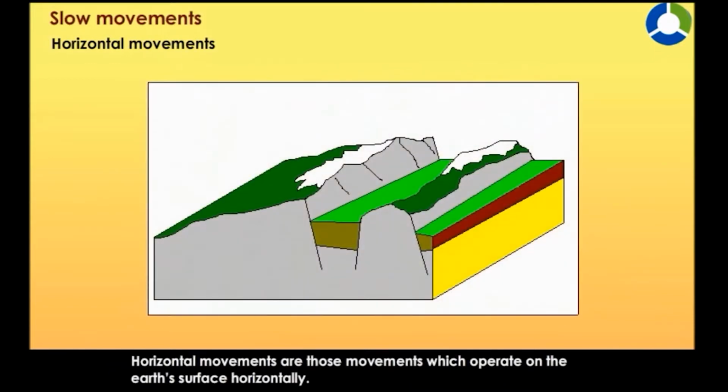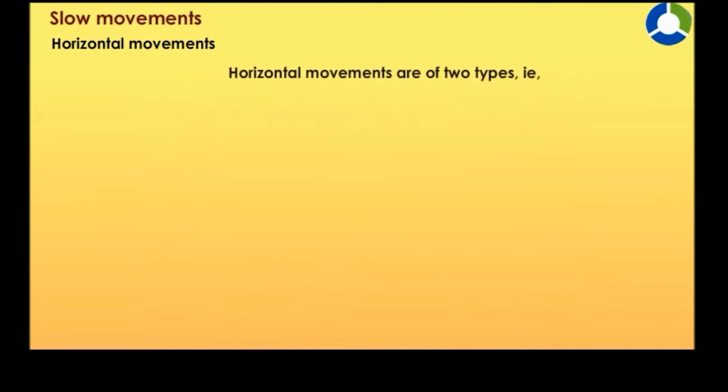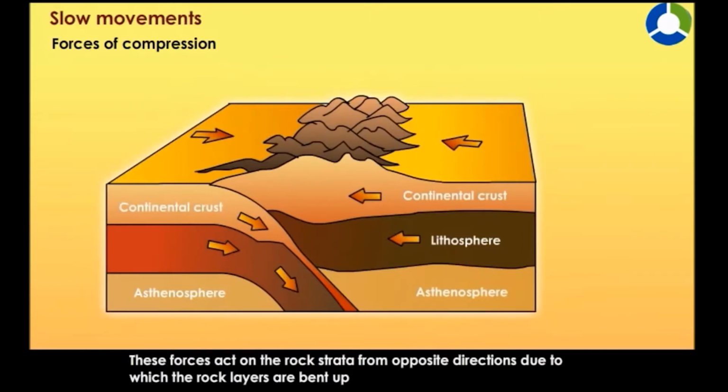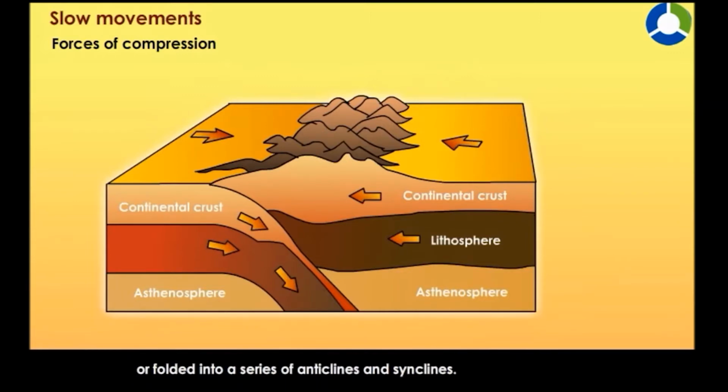Horizontal movements are those movements which operate on the Earth's surface horizontally. Horizontal movements are of two types, that is, forces of compression and forces of tension. Forces of compression act on the rock strata from opposite directions, due to which the rock layers are bent up or folded into a series of anticlines and synclines.